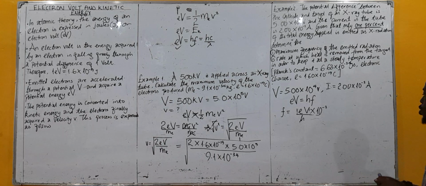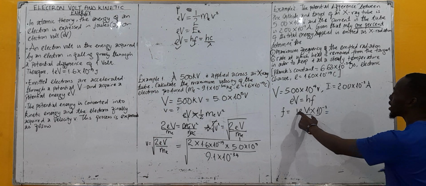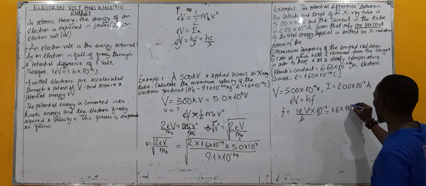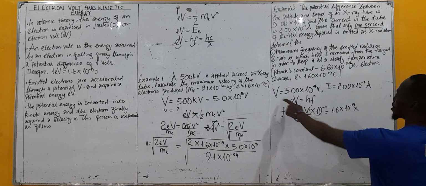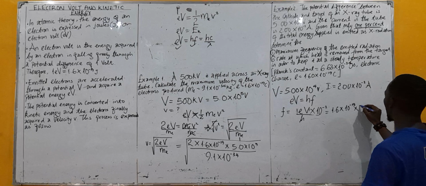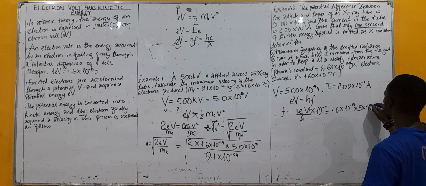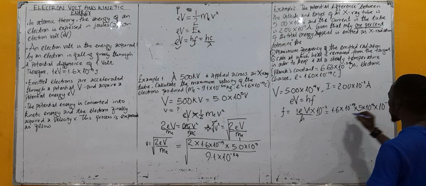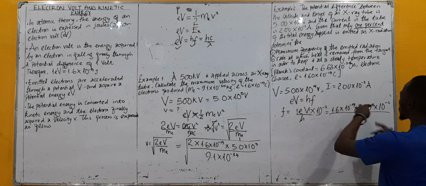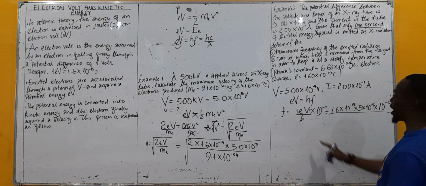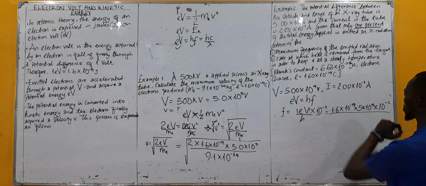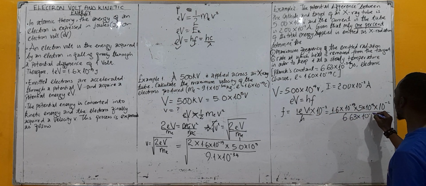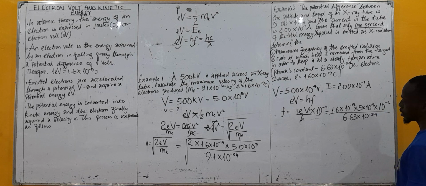Okay, now let's substitute each value. e is the charge, 1.6 times 10 to the power of minus 19, times potential difference 5 times 10 to the power of 4, times 10 to the power of minus 2, over h, the Planck constant, which is 6.63 times 10 to the power of minus 34.